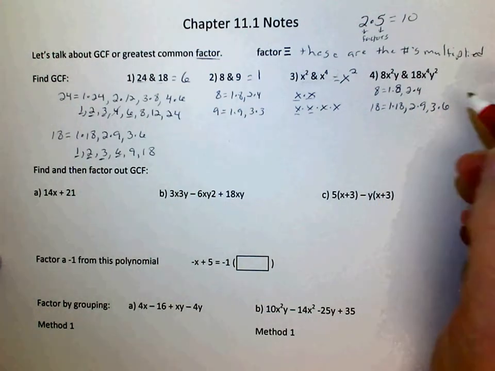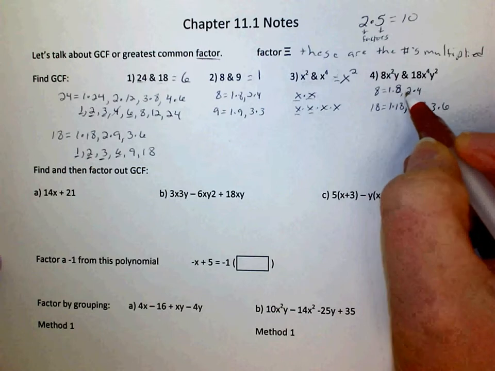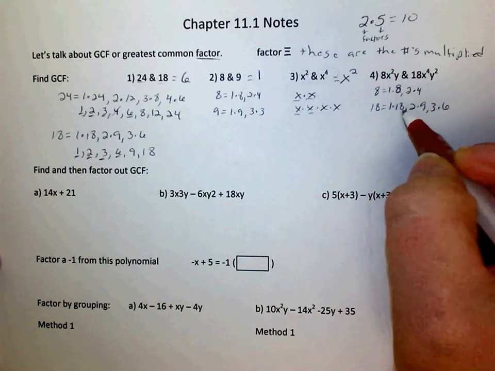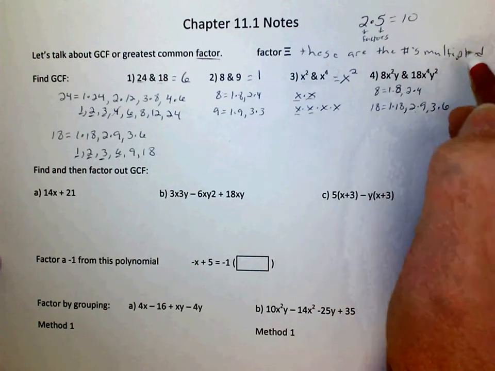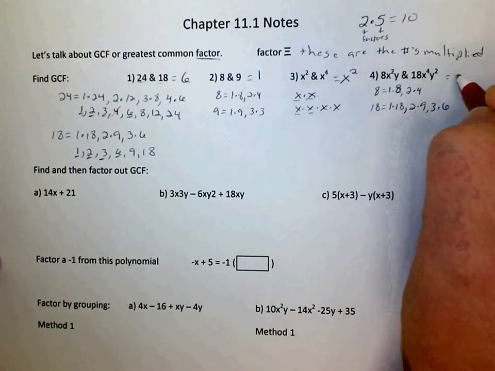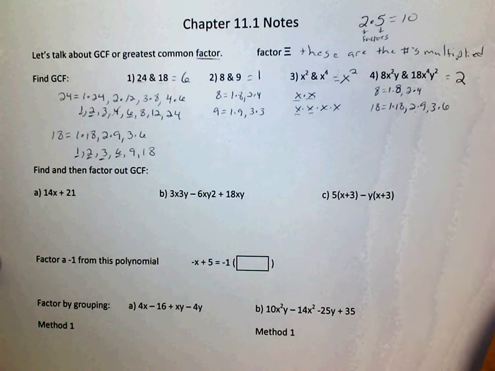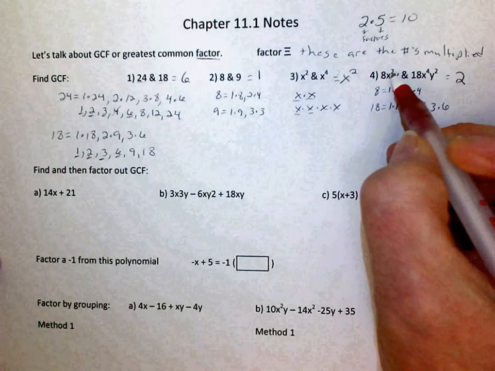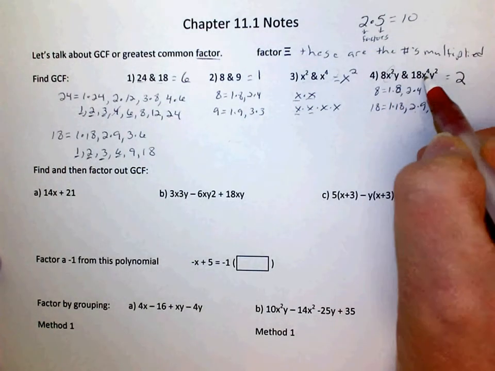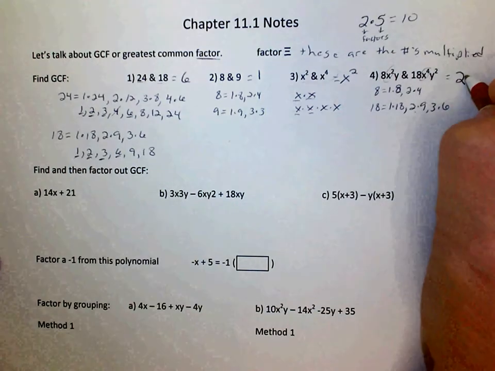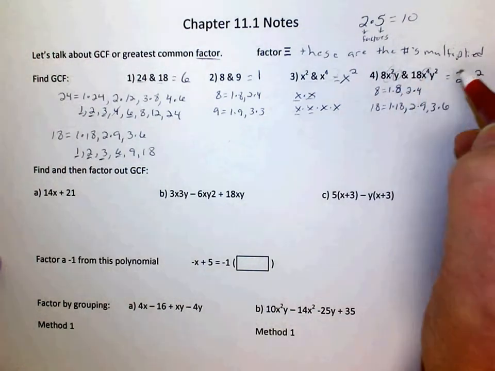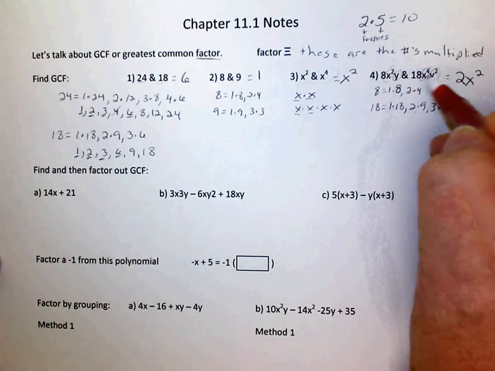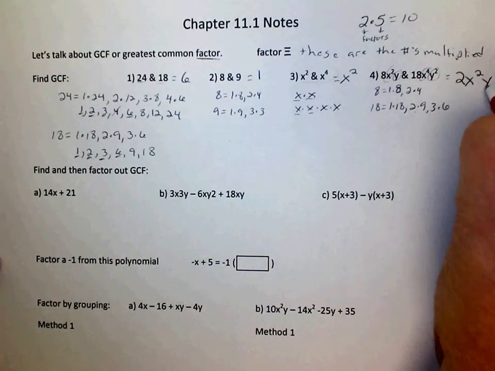So if I look in my list, 1, 2, 4, and 8. 1, 2, no 4 and no 8. So my GCF here is a 2 as far as my number. But now I've got to look at my x's. X squared, x to the 4th. So the smallest number is x squared. And now I've got to look at my y's. Between y and y squared, the smallest number is just y.